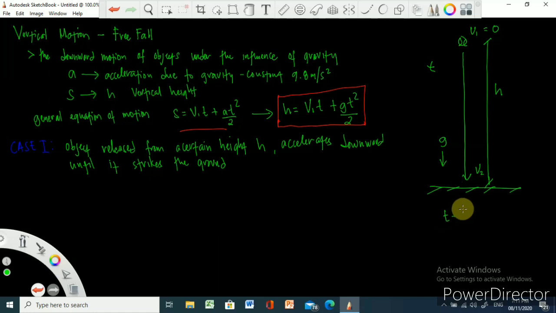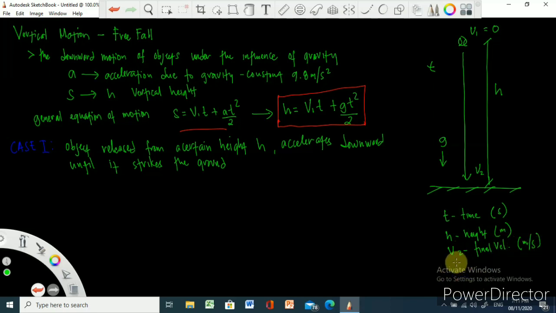So t is time in seconds, of course. H is height in meter. V2 is your final velocity in meter per second.